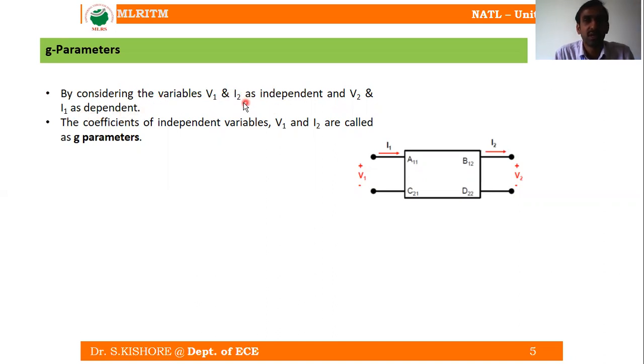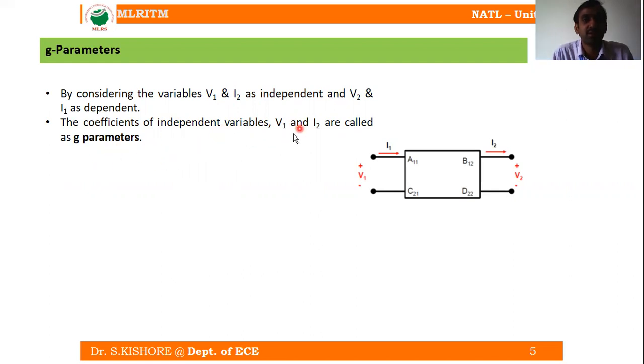So in the G parameters, V1 and I2 are the independent variables, but in the H parameters, V1 and I2 are the dependent variables. Using this combination, you are going to obtain the G parameters. Every time, the coefficients of the independent variables are the G parameters.